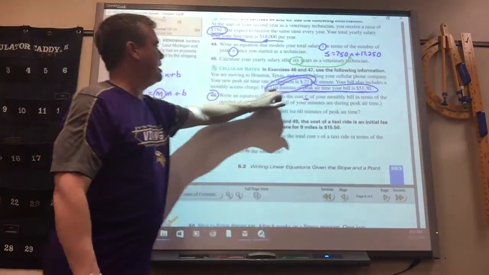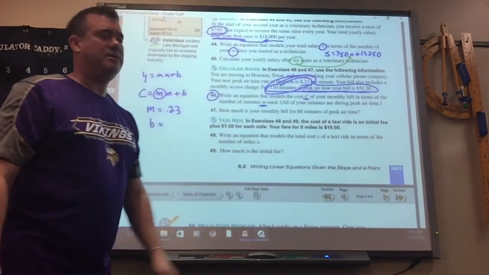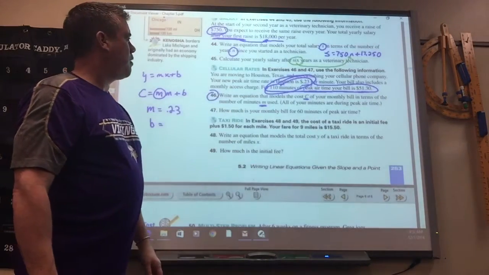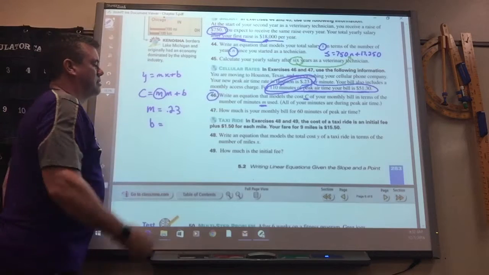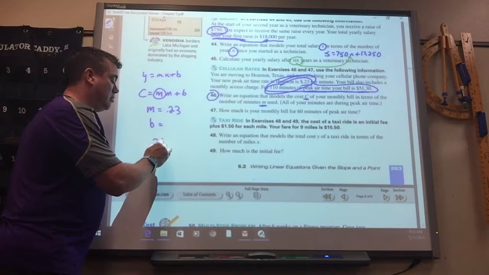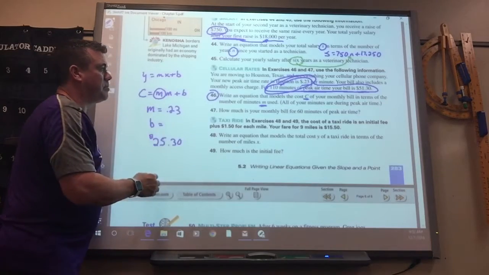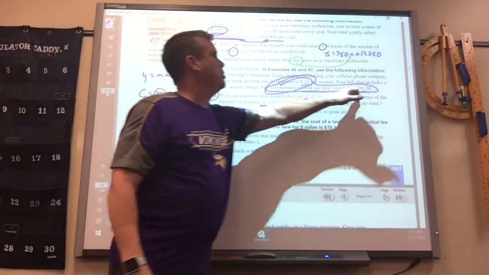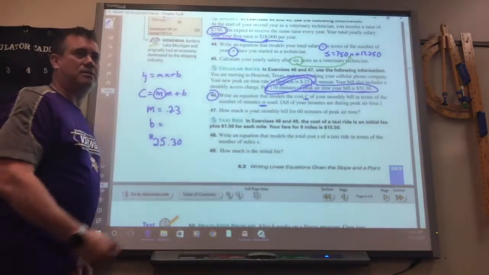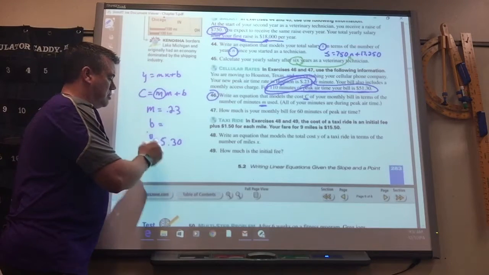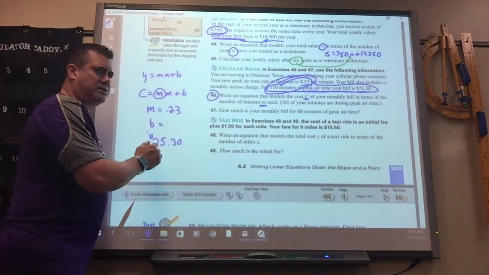Someone figure that out. Take 110 times 23 cents. 25.3. Yeah. So it's $25.30, but the bill was $51.30. So you subtract those two. Is that 26?